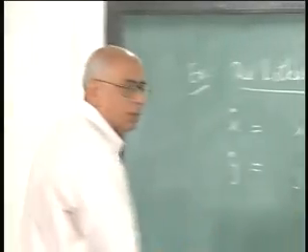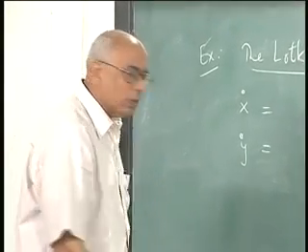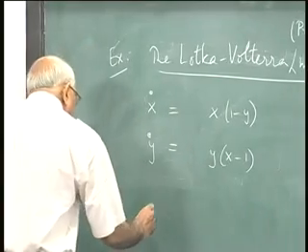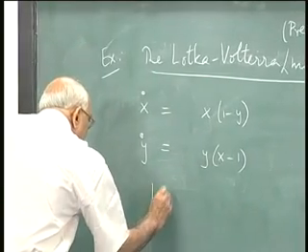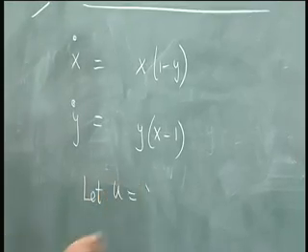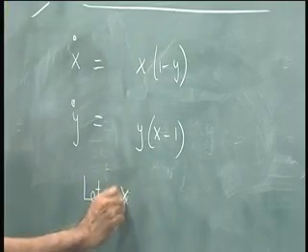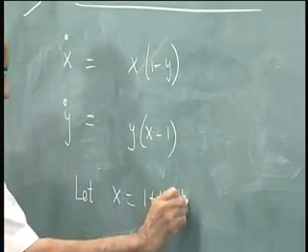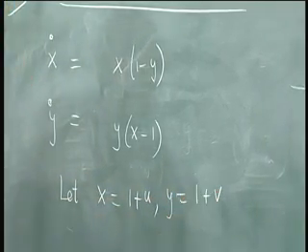Now we'd like to know what sort of critical point it is, and what you should do is to actually linearize about that point. So you should really say, I am going to look to first order, I must find this matrix L. So the way I do it is by saying, alright, let x equal to 1 plus u and y equal to 1 plus v.